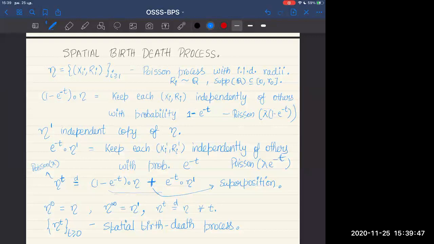I think I got my time wrong. At time 0, I want it to be eta.